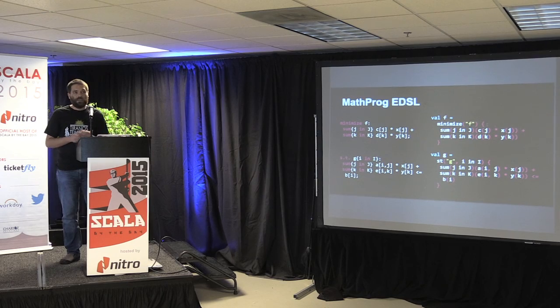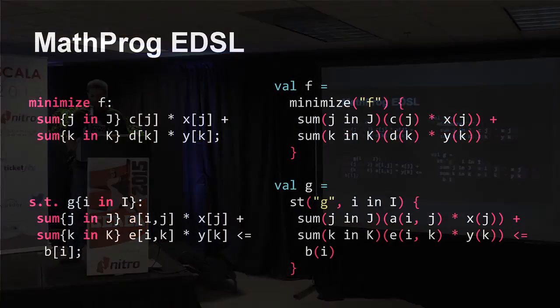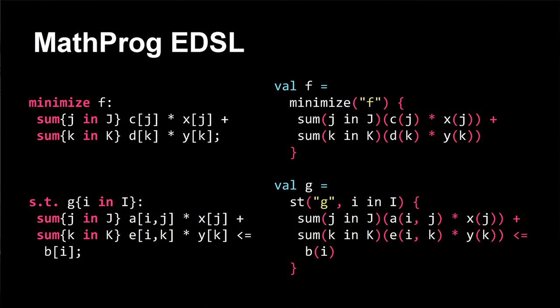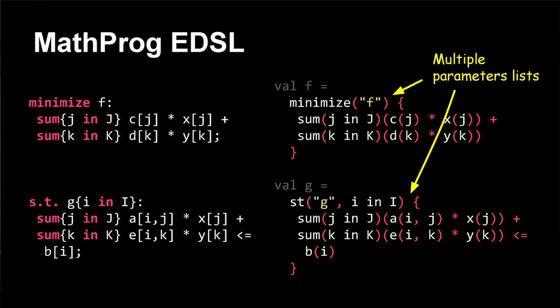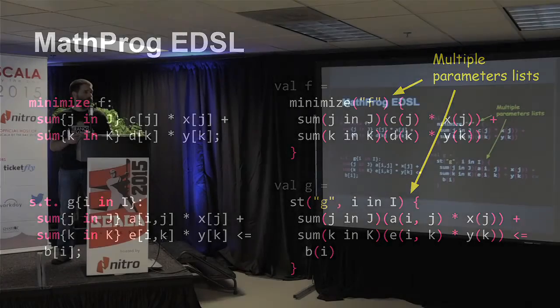Okay, this is the objective function and constraint part. We have two more smart constructors. For the objective function, we can use minimize. We can also use maximize. And for the constraint, we are using an abbreviation of subject to, ST. One thing that we can see here is that we are using multiple parameter lists to separate the name and the indexing from the expression in both the objective function and the constraints.